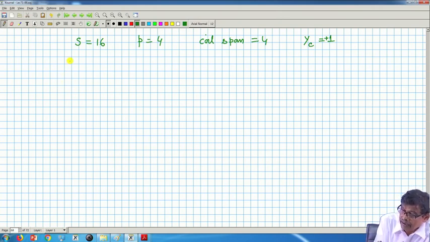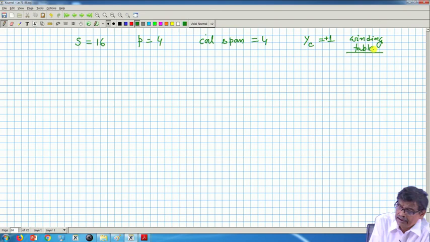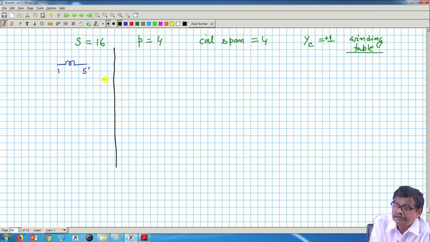Suppose I will make a winding table now. The first coil I will draw like this, 1 and 5 dashed. And then, as I told you, it is better you keep track of where these two ends are terminated.